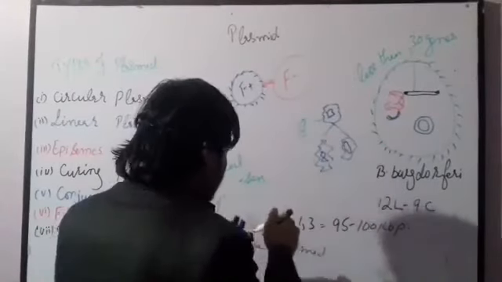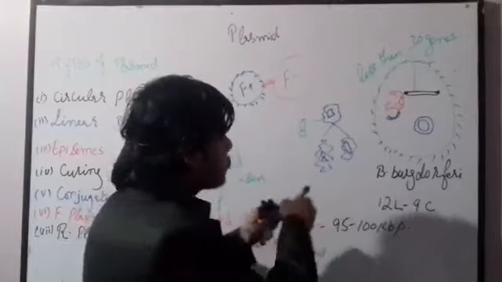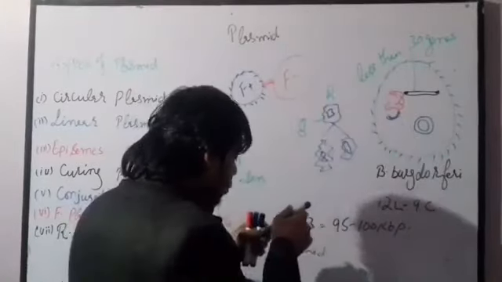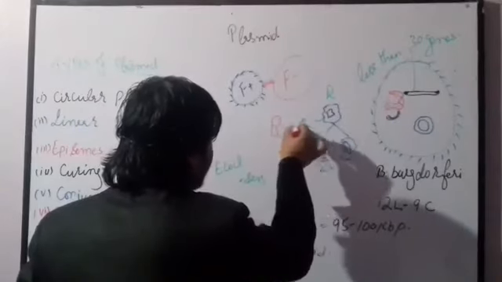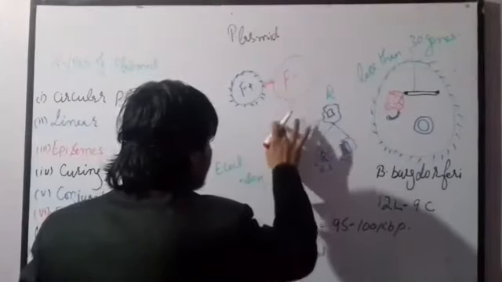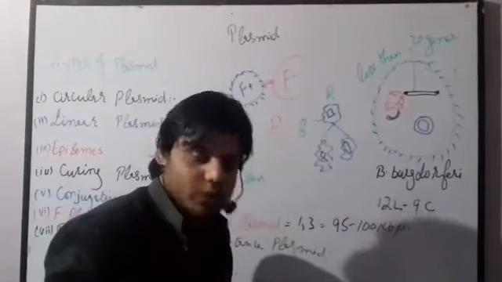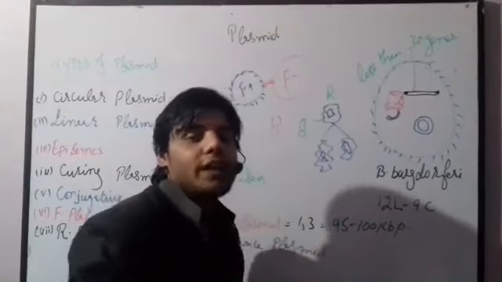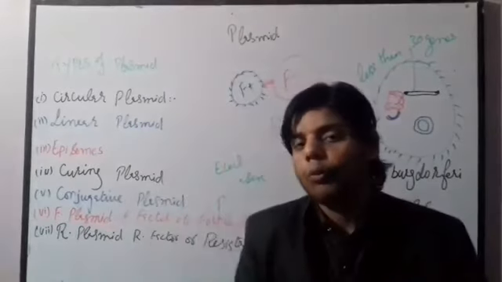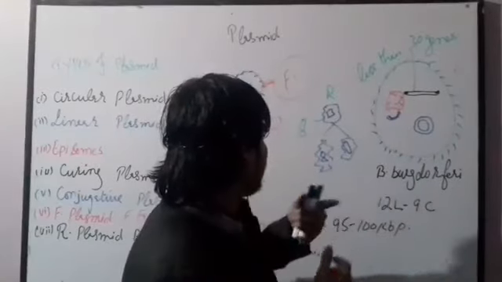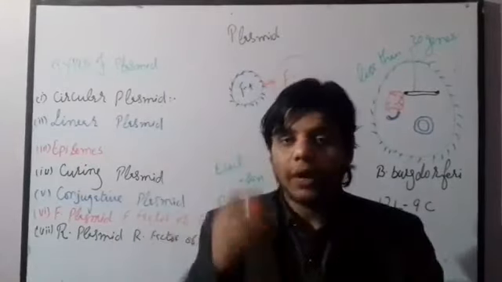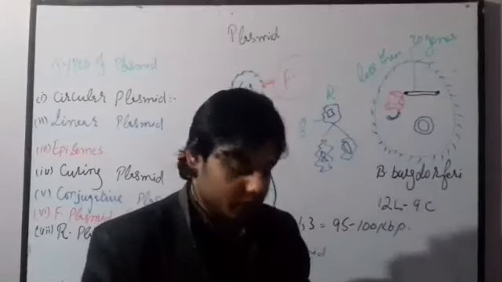Okay, so let's suppose this is a plasmid, so they will produce special kinds of genes. Let's suppose these are the genes which are produced by the resistance plasmid. Let's suppose this is the R plasmid. So these genes will destroy the antibiotic. If this is the antibiotic, they will destroy it. Sometimes they will destroy the antibiotic, or they will modify the antibiotic. Once the antibiotic is destroyed or modified, such an antibiotic will not work inside a bacterial cell.